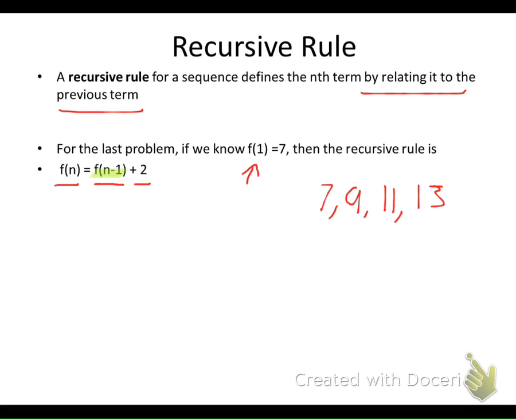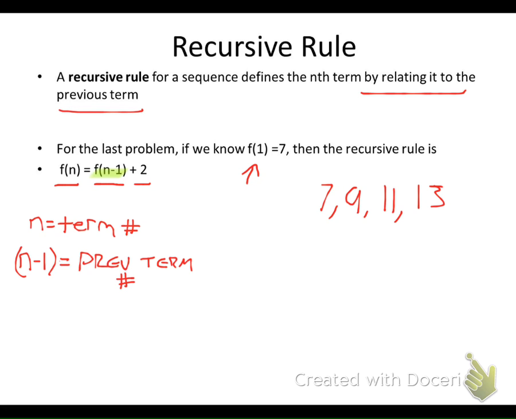We know that n is our term number. So if n is representing any term in the sequence, then n minus 1 is just referring to whatever the previous term number was.